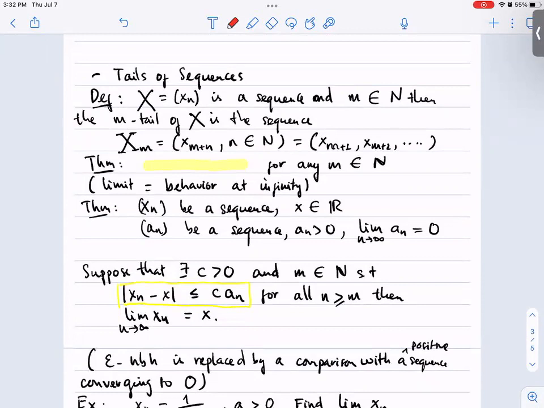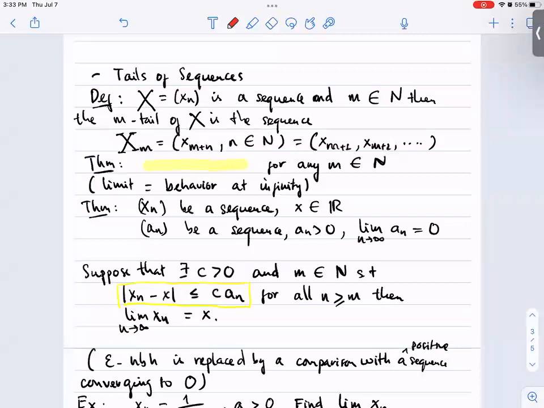Given a sequence X equal to (xn), and we consider some natural number m, then the m tail of this sequence X is a sequence defined as capital X_m equal to small x_(m plus n) for any natural number n.